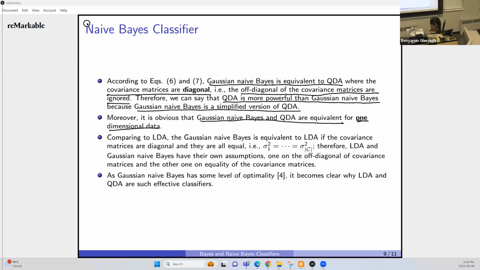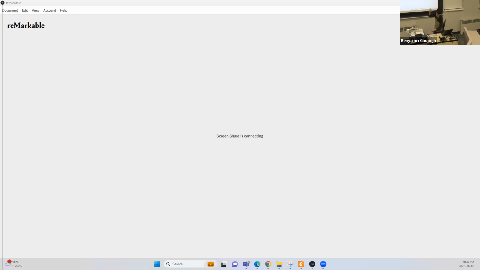Comparing to LDA, Gaussian naive Bayes is equivalent to LDA if the covariance matrices are diagonal. Also, they are all equal.